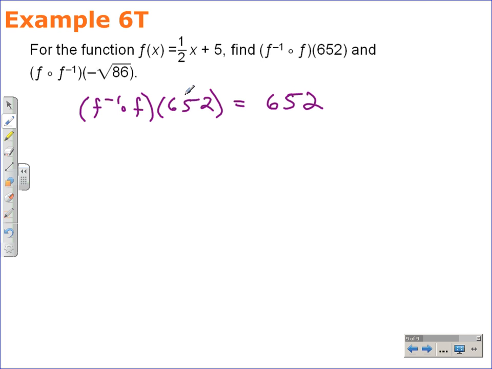Whatever you're taking the composite function of, that's what it's going to give. If we have f composed with f inverse of the opposite of the square root of 86, it should be pretty easy for you. That's equal to the opposite of the square root of 86. Whatever you put in, you're going to get out.